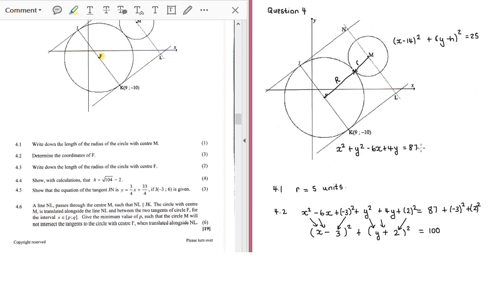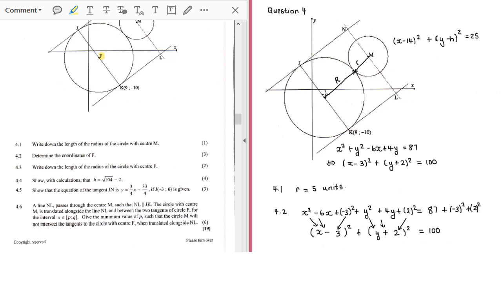Now we can put back up here that this equation of the circle is equivalent to the form (x − 3)² + (y + 2)² = 100.